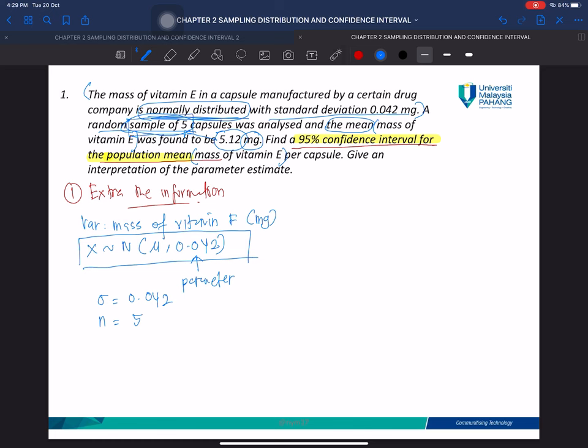So it is x bar, because it is a mean: x bar equals 5.12. What else do we have? We have a 95% confidence level, so alpha is 5%.